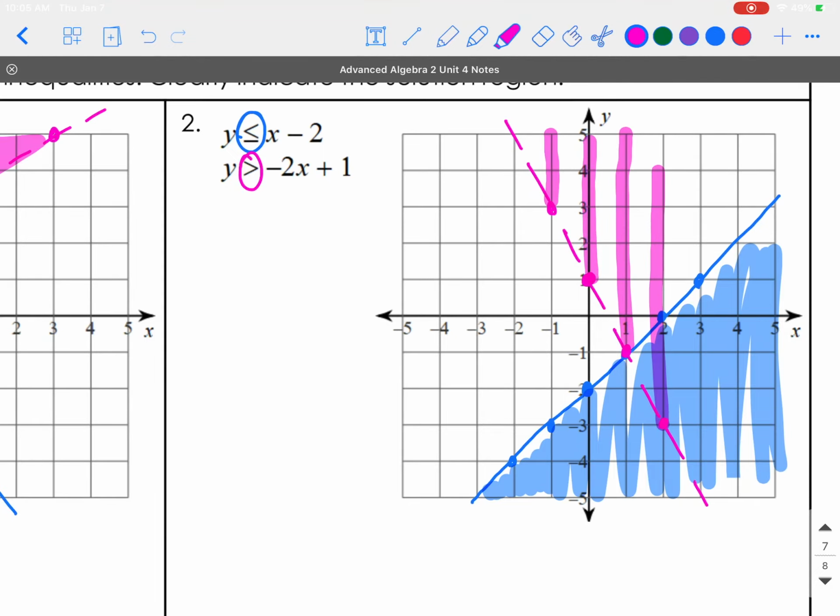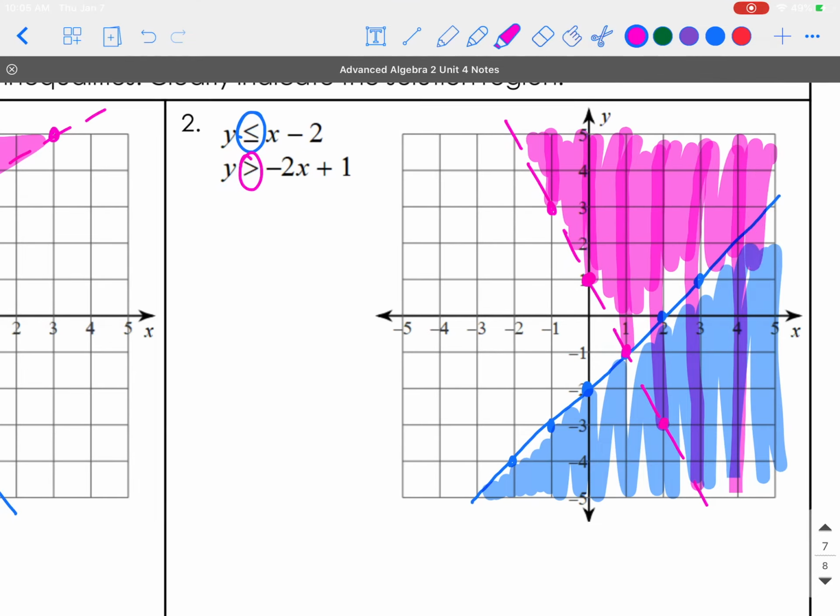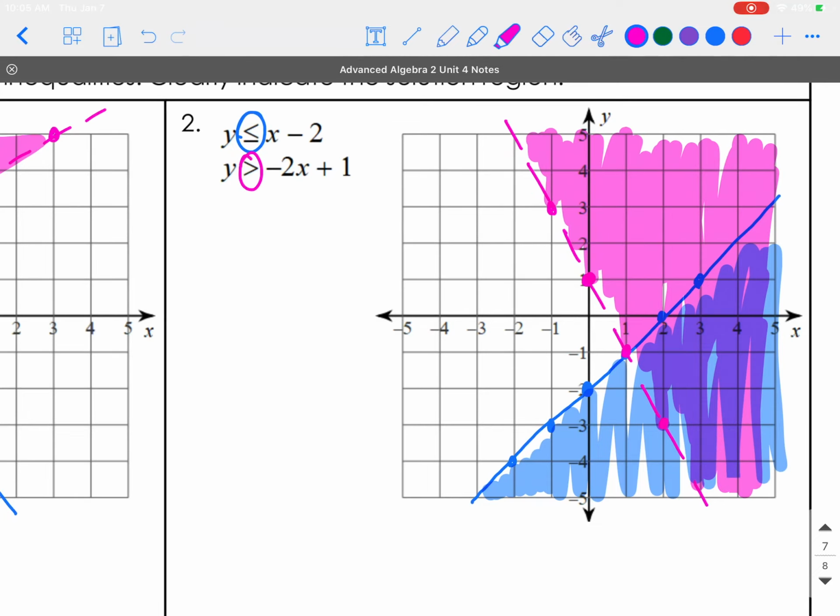Not left or right, I'm drawing up. And this kind of gives you a hint at where you should be shading. Over here it looks like it's the right, but it's not always right or left. It's either up or down. That's where the shading is.